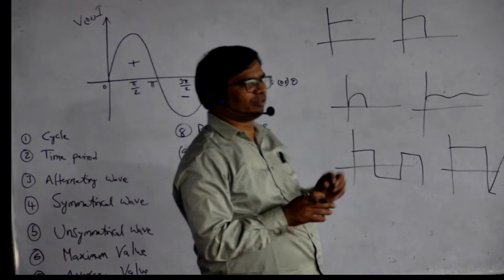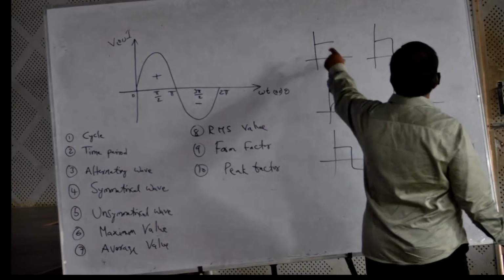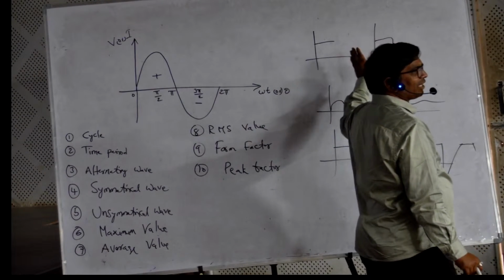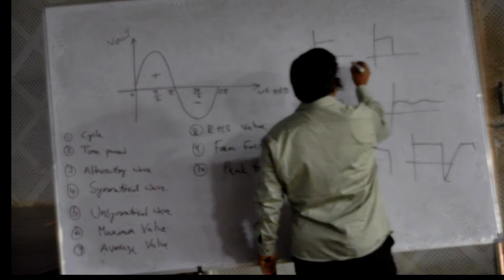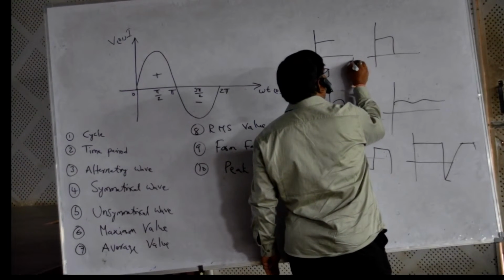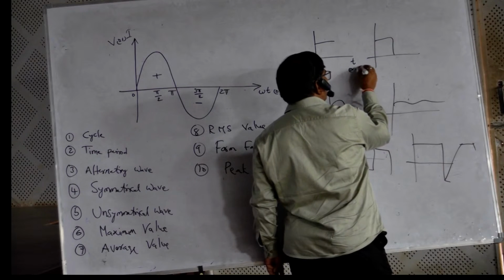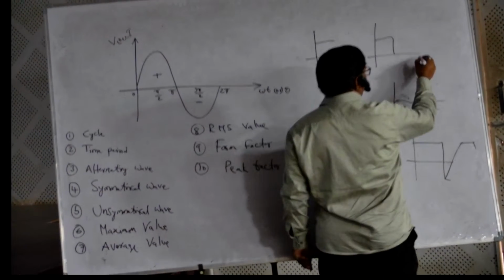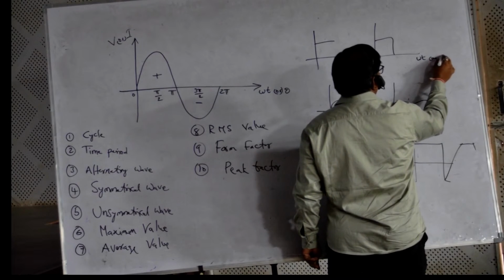Every wave has a y coordinate and an x coordinate. On the x-axis you can take time, or with respect to angular velocity, omega t or theta.